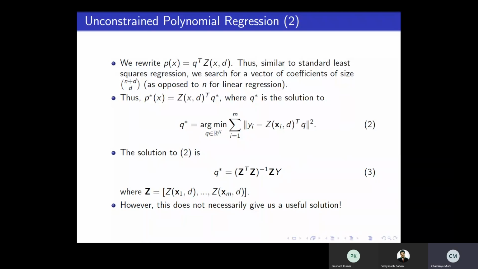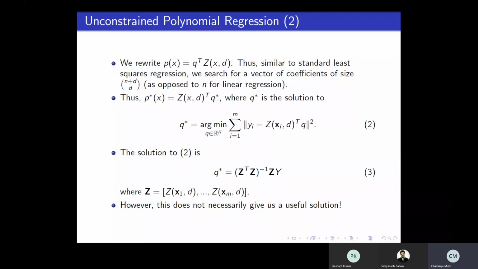For example, the linear regressor has a lot of nice properties: it's convex, it satisfies the minimum L2 norm, all kinds of good stuff. But with this, we don't get any such guarantees. So how can we give ourselves guarantees on the kind of shape that we want our regressor to have?